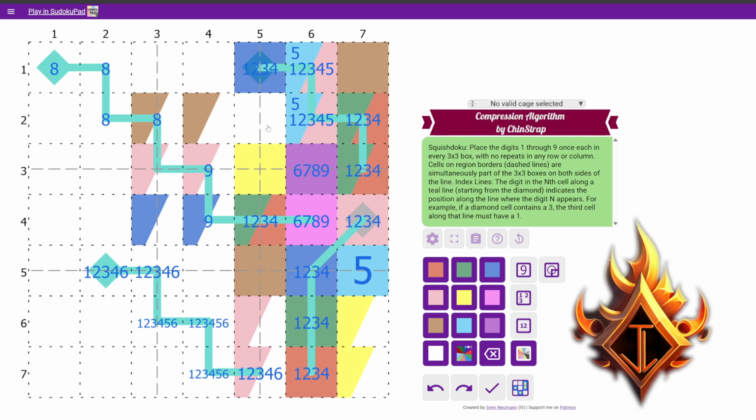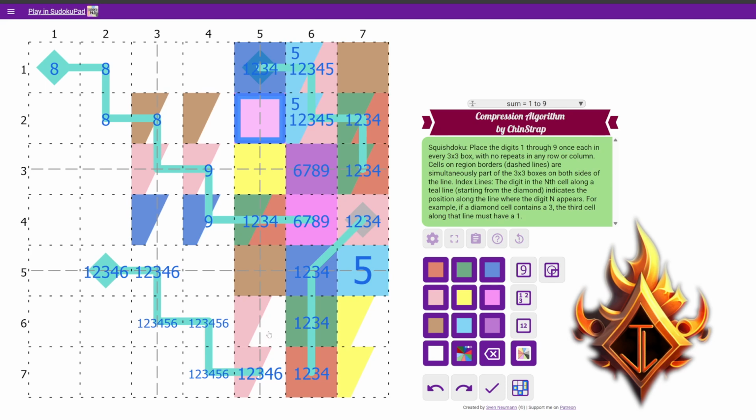But then, okay, so what about this one? Can't be red, can't be green, can't be blue, can't be light pink, can't be yellow. This could be bright pink. Can't be brown. Can't be blue. Can't be dark purple. So that one can only be bright pink.